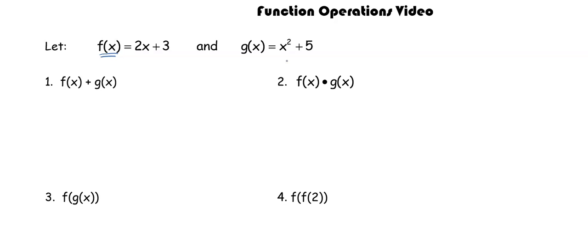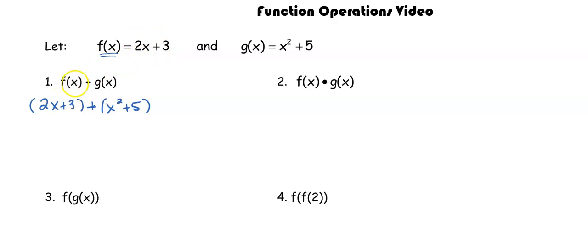We've done this in other units where we've taken those two polynomials and we've added them together. The only difference here is instead of me telling you directly take 2x plus 3 and add it to x squared plus 5, this is what we've done in the past. I've given you the two polynomials to add together. Instead, I just gave it names.